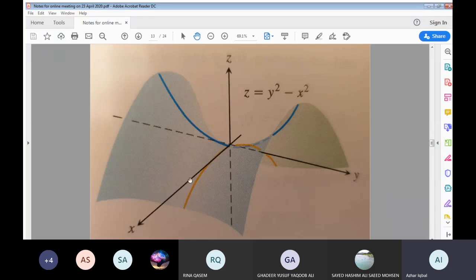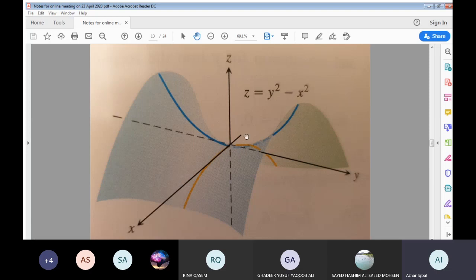Now if you consider another plane, the yz plane, it will cross out this blue curve from the surface. So the surface is descending in one direction and ascending in the other direction.